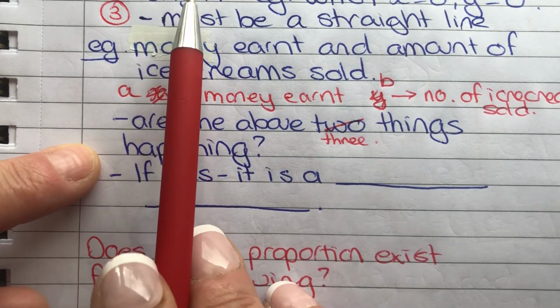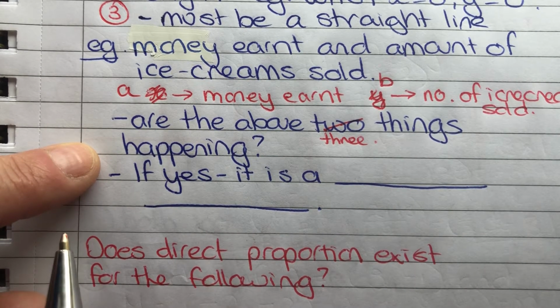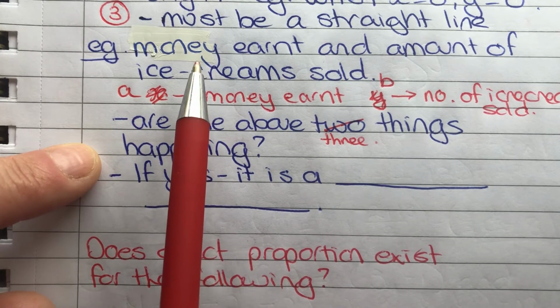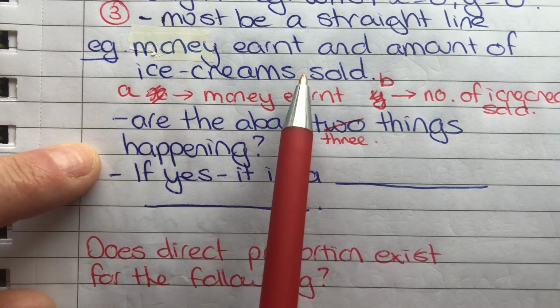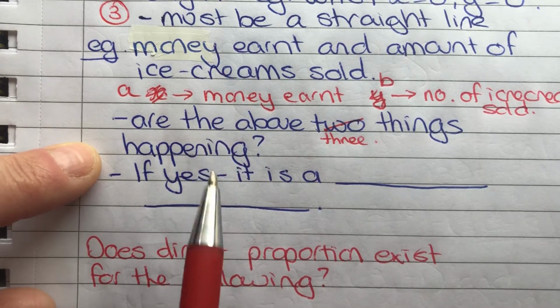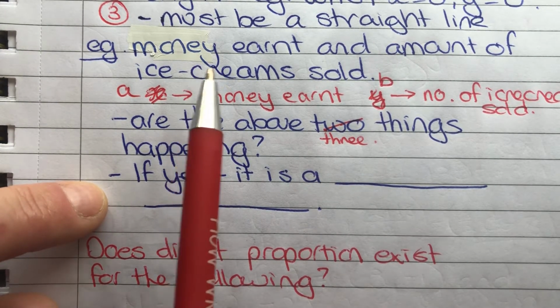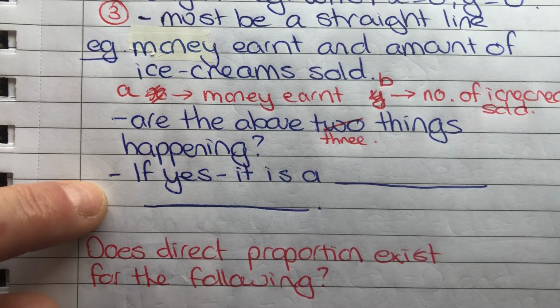The second thing is the line goes through the origin. So when one of them equals 0, does the other equal 0? So if we've sold 0 ice creams, do we make 0 money? Yes, we do. So that's the second thing that has been addressed. And the third thing is it must be a straight line. At this point in time, we're not too sure about that, but once you see the graphs, you'll see how easy that becomes.